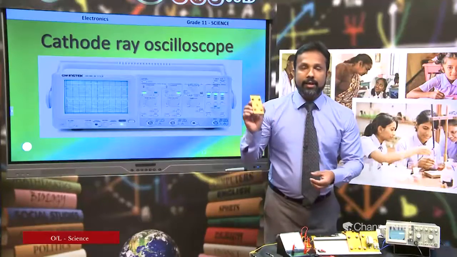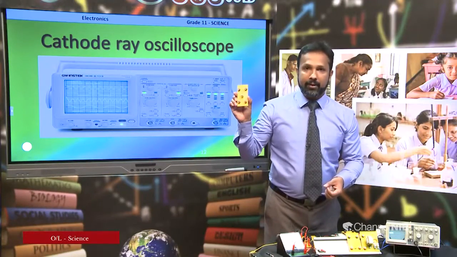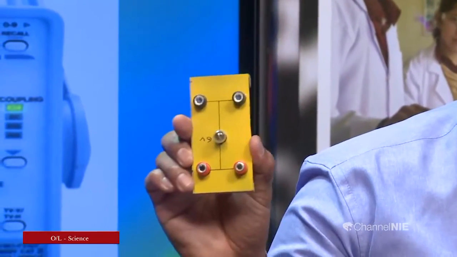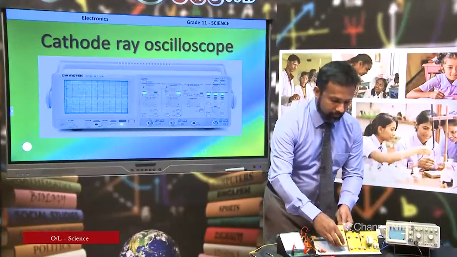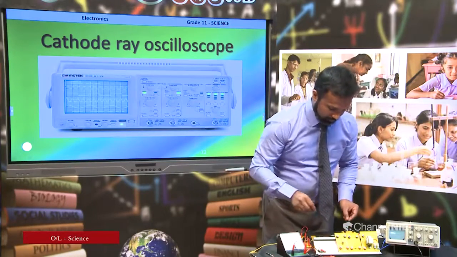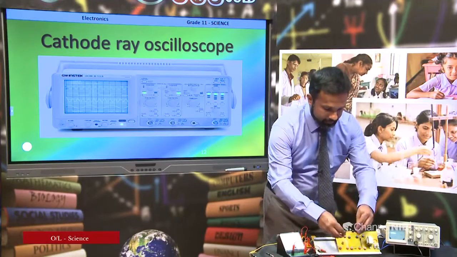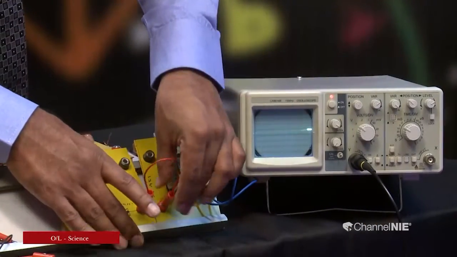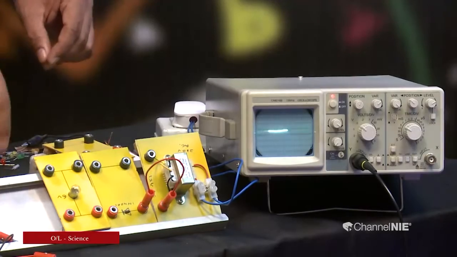As the load or the resistor, I used a bulb here because you know the filament bulb consists of a resistor. Now I am going to connect positive to positive.